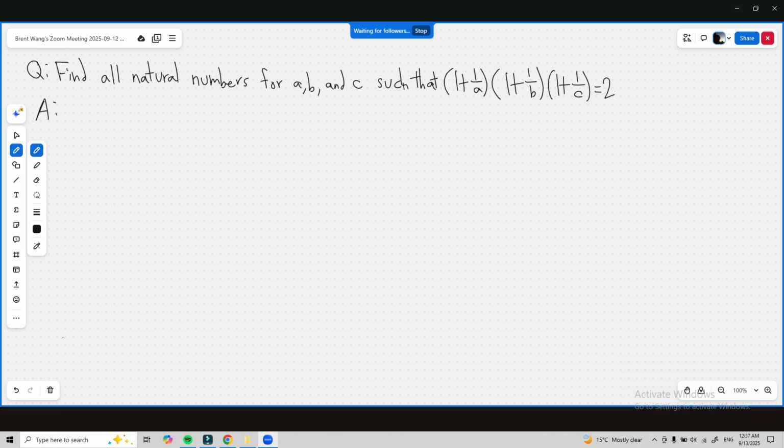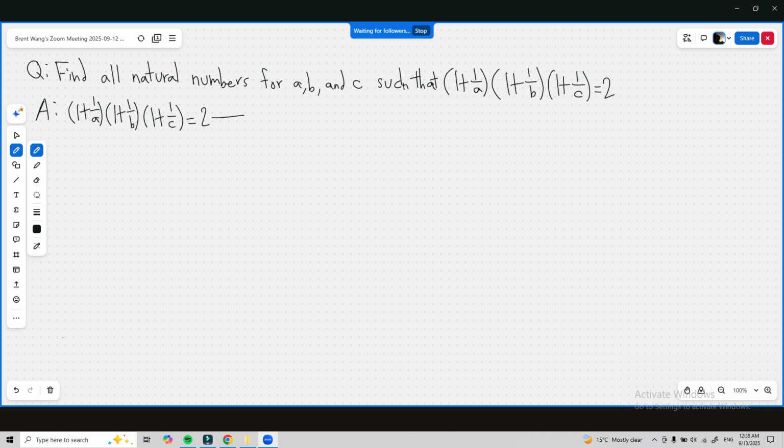So how do we do this? Well, the first thing you should do is recognize that this is actually a very good question. I'm going to write the question out first: (1 plus 1 over a)(1 plus 1 over b)(1 plus 1 over c) is equal to 2.